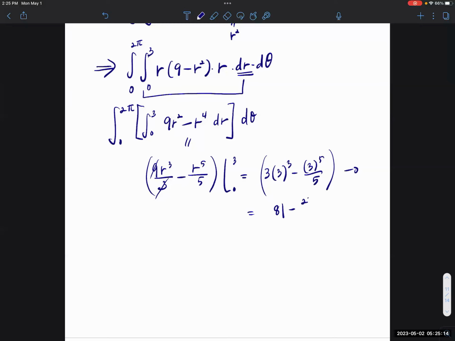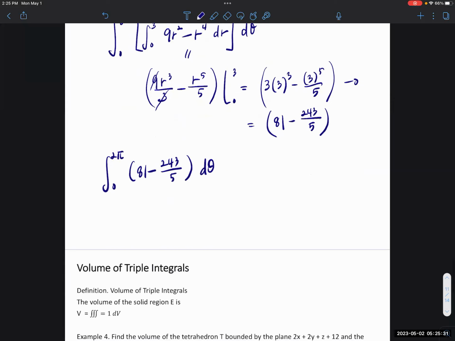We cannot simplify, so I'm going to keep it. So that's what we got. And now we have to take the outside, 0 to 2 pi, of 81 minus 243 over 5, d theta. That's all we need to do.